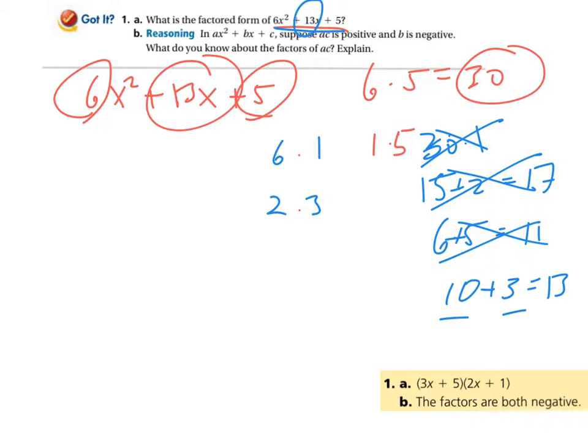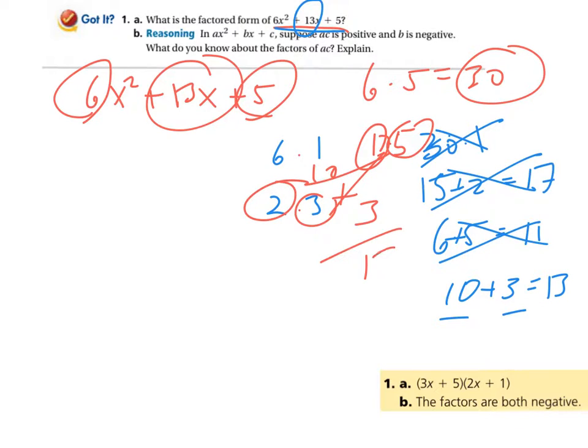So I've got to figure out how we're going to create a 10 and a 3 from this. Well, if I take a look here, the 6 and 1 is not going to be useful with the 1 and 5, because 6 times 1 is 6, 5 times 6 is 30, not going to get there. But you might notice that this 5 and this 2 when multiplied create 10, and this 3 and this 1, when multiplied, make 3. Add them together, I get my 13.